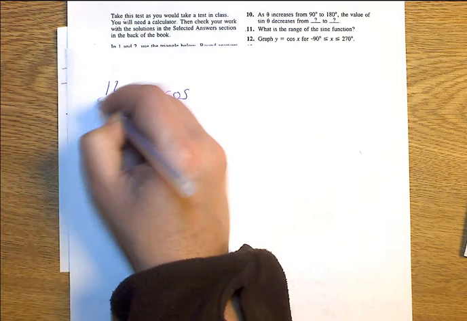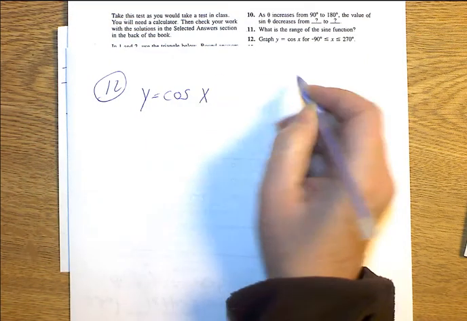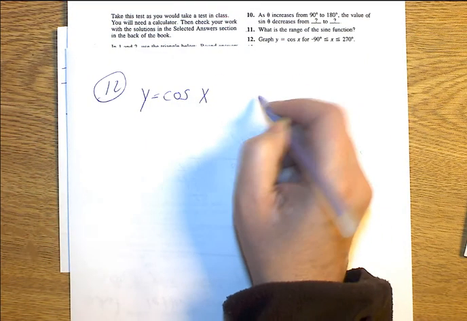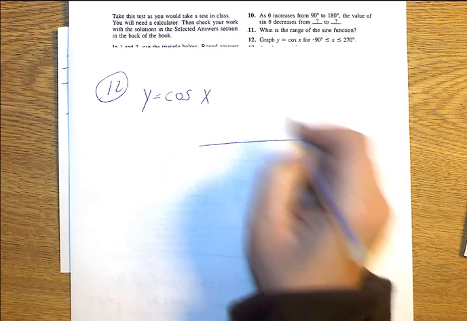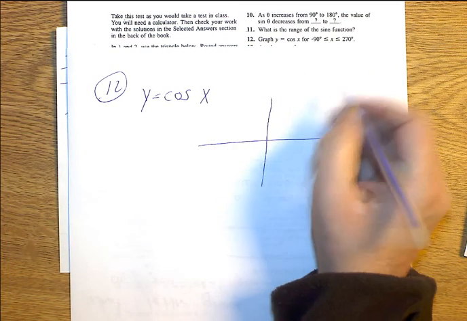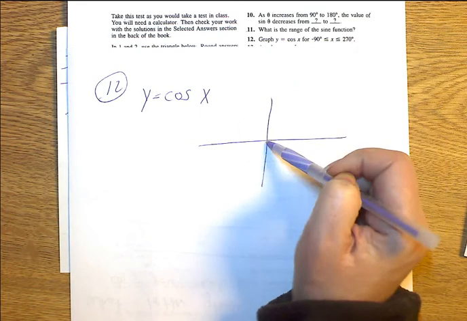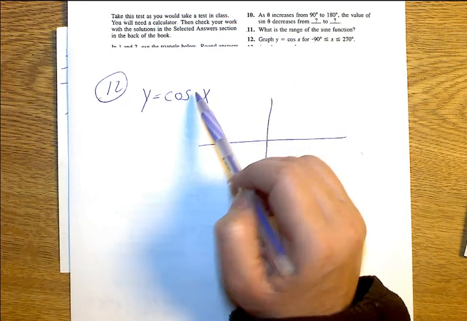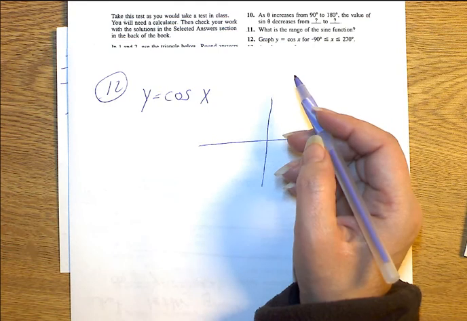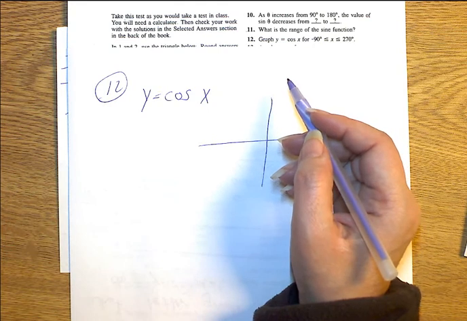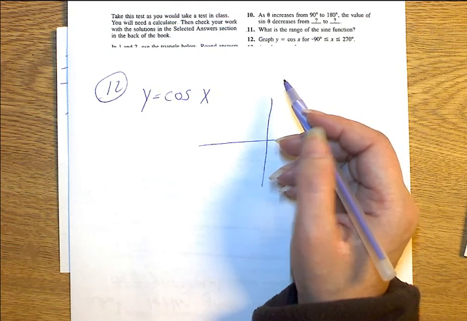Number 12, cosine x, where we're going from negative 90 to 270. So remember that cosine and sine both go in increments of how much? 90.